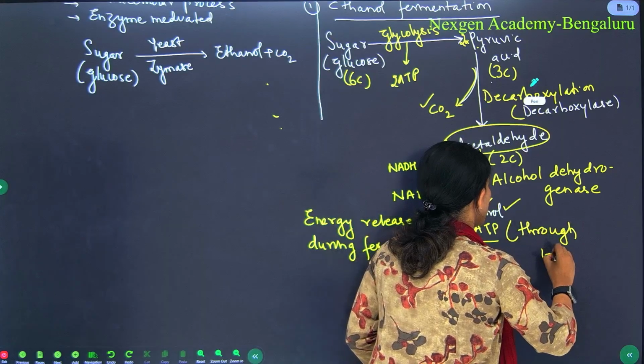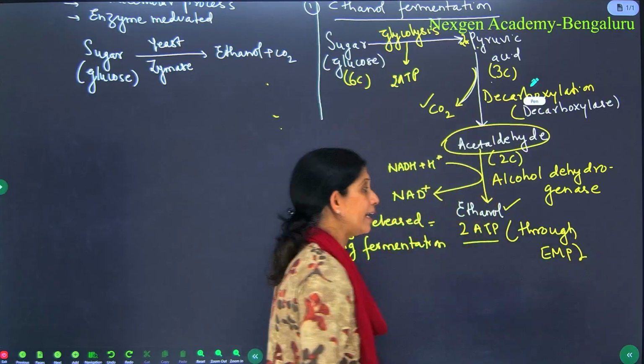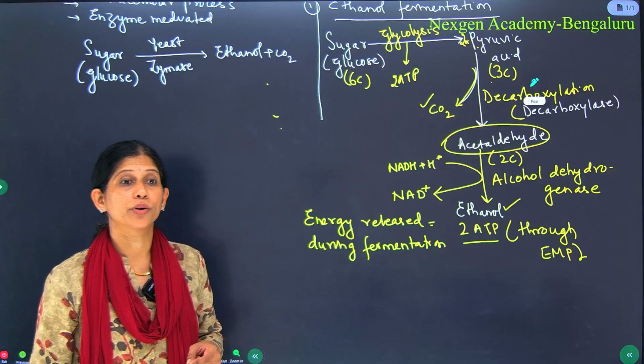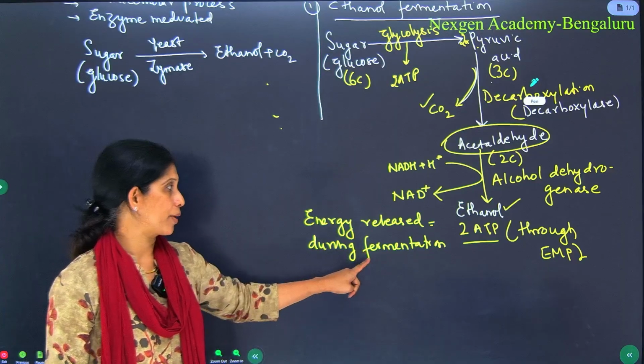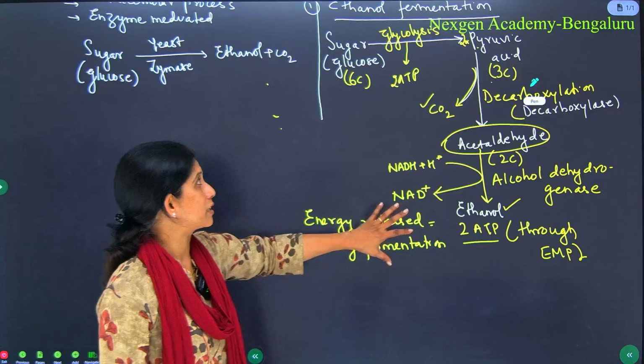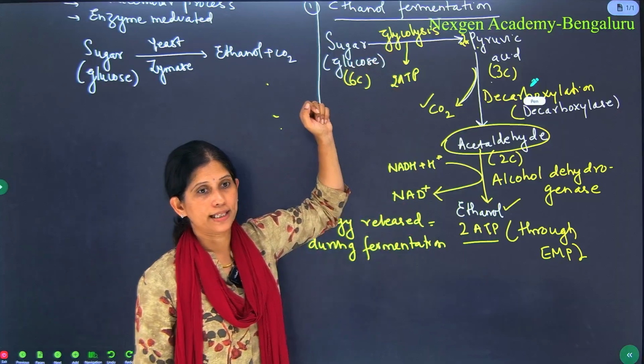Through glycolysis, right? So in an anaerobically respiring organism, how many ATPs are produced? Only 2 ATPs. And what is the source of that 2 ATP? The source is directly glycolysis.